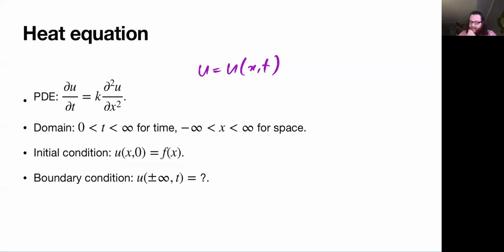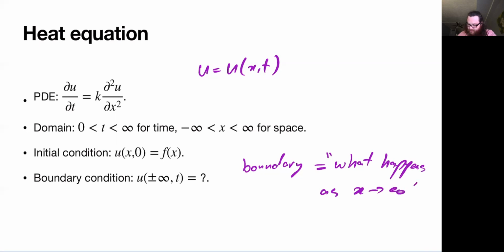For us, the boundary is what happens as x goes to infinity. In practice, we'll write our solution function u evaluated at plus or minus infinity. We're not really plugging in infinity, we're just taking the limit. Our boundary conditions will be what happens as you head off to infinity.